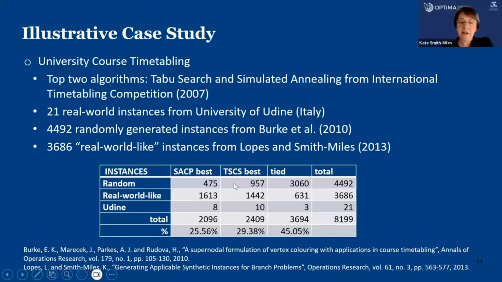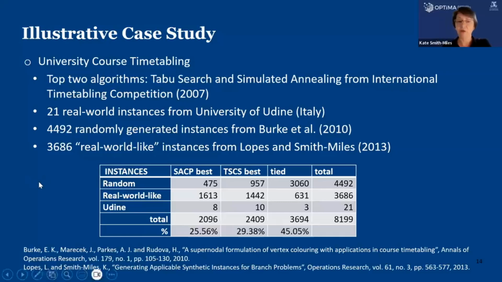So a little bit more detail now. Where is simulated annealing best? Where is taboo search best for which types of instances? But these are defining instances based on where they came from. And what I would say is it's more interesting to look at the properties of those instances rather than the label of their source. We could have instances that are almost identical that came from two different places.